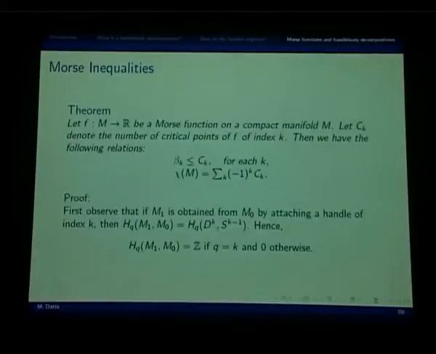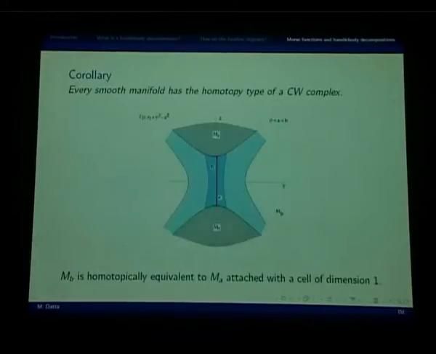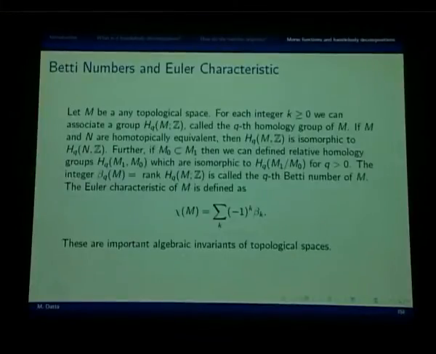So finally what I want to say is that you can get this way a CW structure for a manifold M, and once you have a CW structure, you have some nice observations. I am just recalling here a few facts from algebraic topology. Given any topological space, you can associate to it certain groups which we call homology groups.